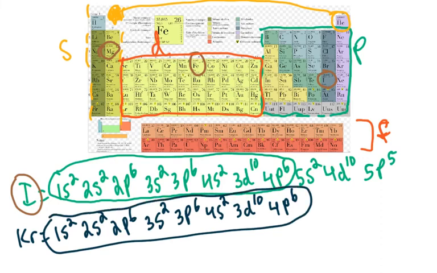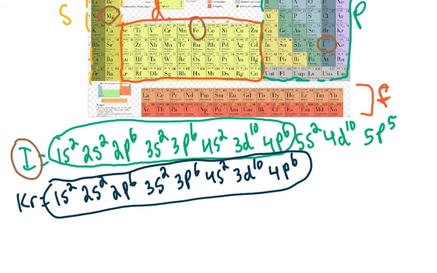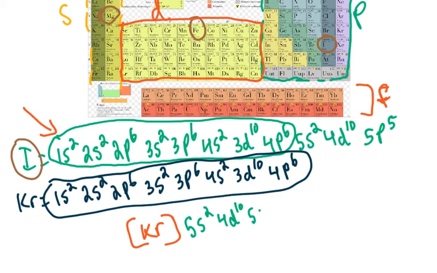So why write all of that for iodine? That's the beauty of noble gas notation. Instead of writing all of that for iodine, we can replace the whole thing by just saying krypton. We're putting in krypton's electron configuration notation, and then we just continue from there: 5s2, 4d10, and 5p5.